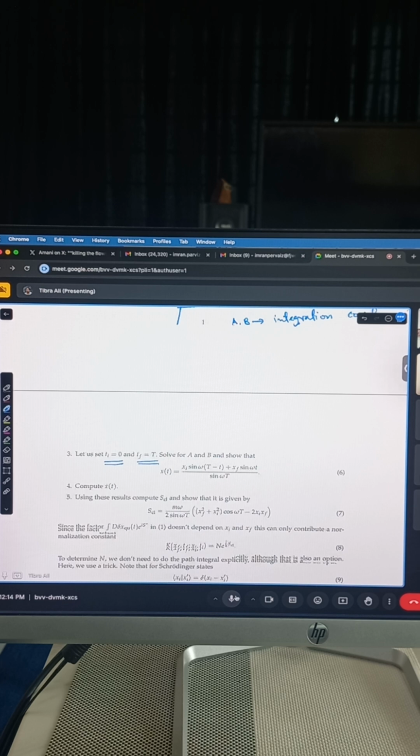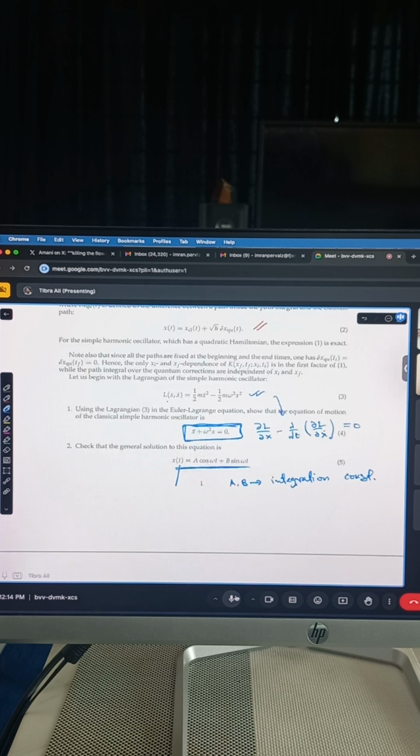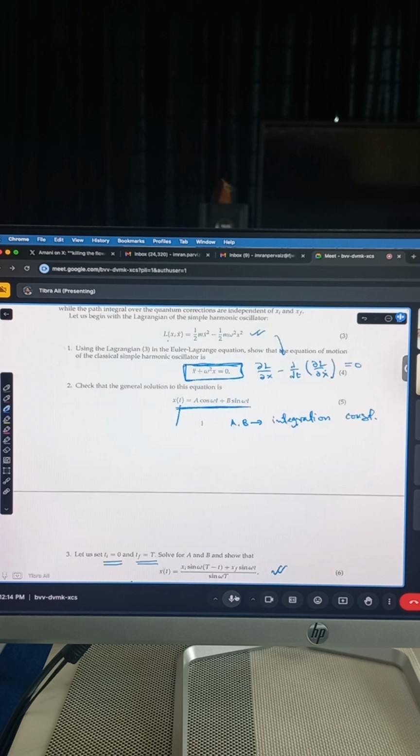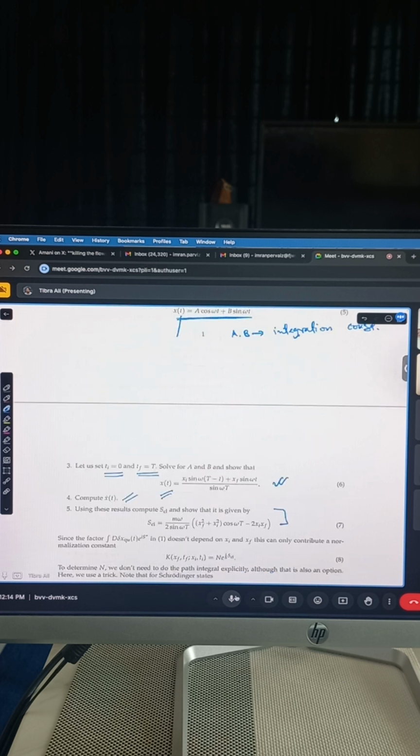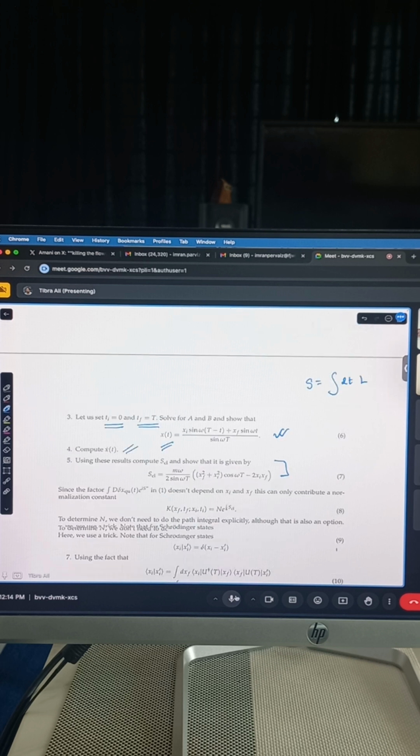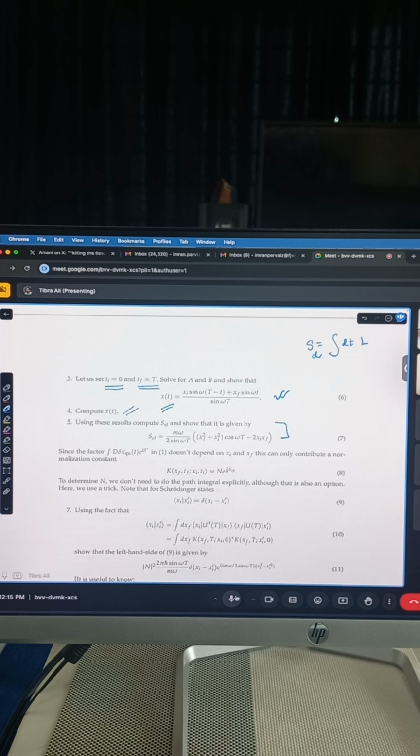Then take the time derivative of this to calculate ẋ. These are all easy calculations, but the next step is not very easy. You take this Lagrangian, put in the values of x(t) and ẋ, and calculate the action, which requires an integral over dt. That's a long calculation, and that's how you find S classical.